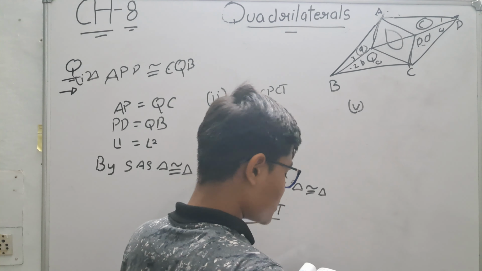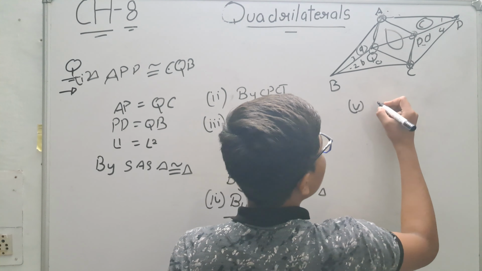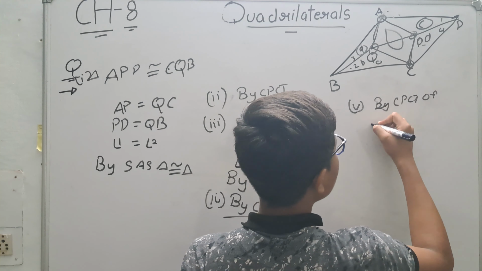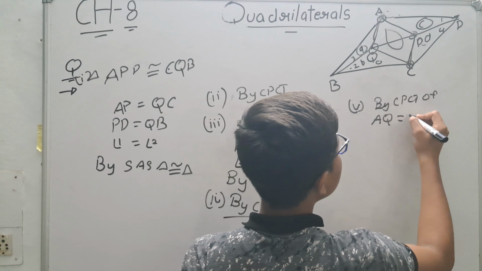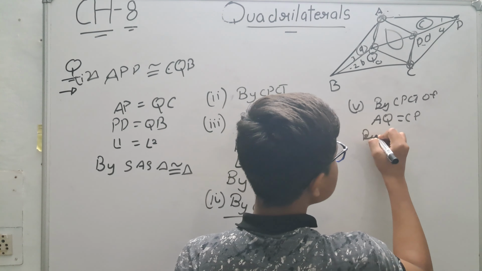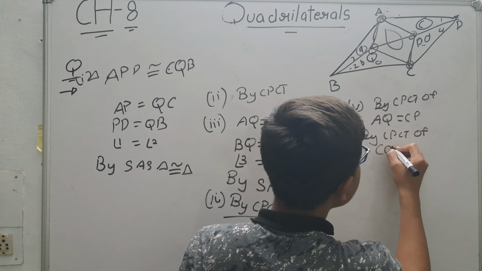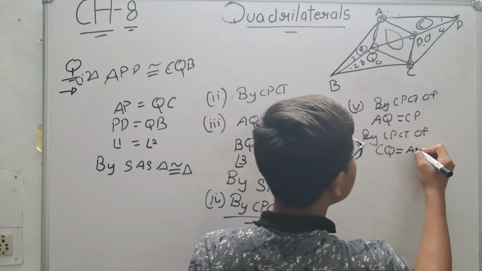We know that by CPCT, AQ is equal to CP, and by CPCT of the triangles we got CQ is equal to AP.